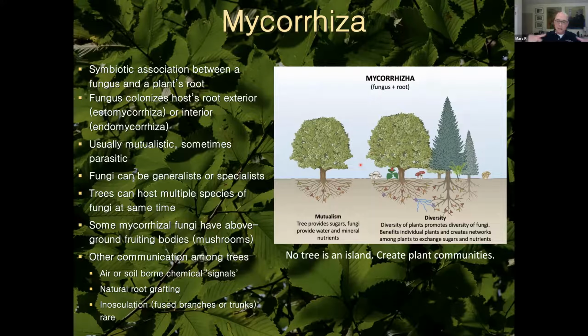And then the whole colony, the whole species survives much better. You have more bigger trees. And then they, in turn, when they get larger, create other colonies, and it spreads that way. So natural root grafting can occur, even between different species. That's another way of communicating.